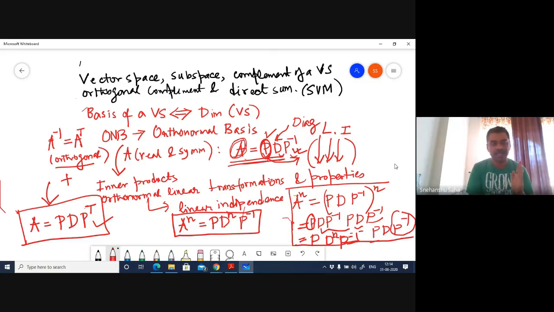And you know that in a matrix, if the determinant is not equal to 0, it means the matrix has to be full rank, or its columns have to be linearly independent of each other. Now, in this particular case, if A is a real symmetric matrix, the columns are the eigenvectors of the matrix A. Why would a set of columns which are eigenvectors of a matrix A be linearly independent of each other?